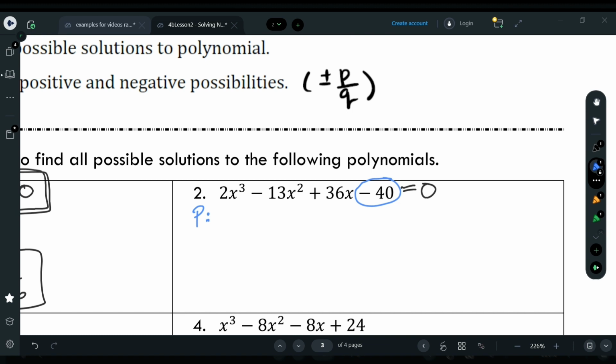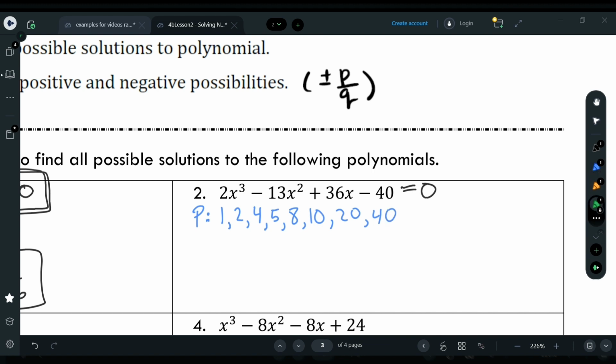Okay, so factors of 40, what do we have? We got 1 times 40, 2 times 20, 4 times 10, or 5 times 8. All right, that's quite a few. So we got 1, 2, 4, 5, 8, 10, 20, 40.